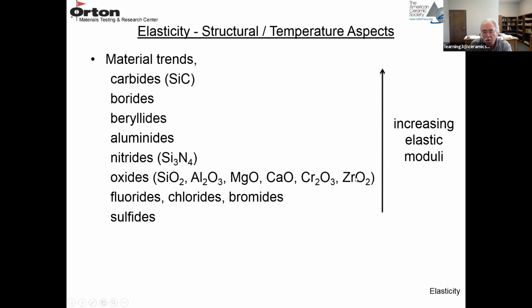That's where they fall on this scale. We mentioned nitrides, Si3N4, silicon nitride. They're a little higher. And then there's aluminides, borides, and at the top are carbides like silicon carbide. So carbides, nitrides, and oxides are your typical refractory materials, and that's where they fall relative to other materials.